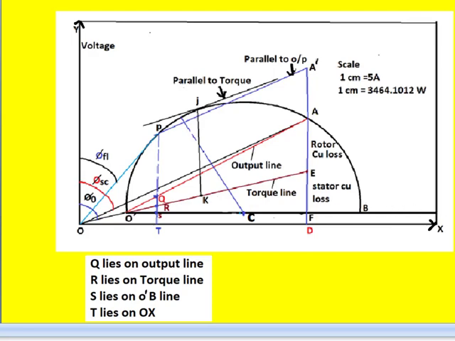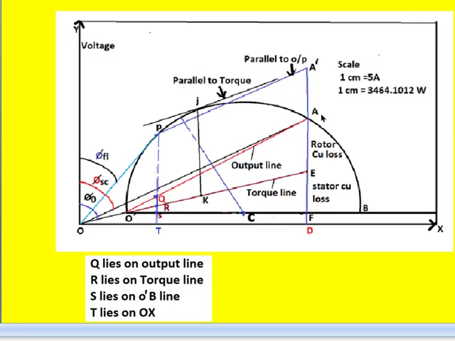Then draw the short circuit current corresponding to the normal applied voltage at an angle of phi SC with respect to the voltage axis like this. This line from O to A represents ISN, that is the short circuit current when the normal voltage is applied.